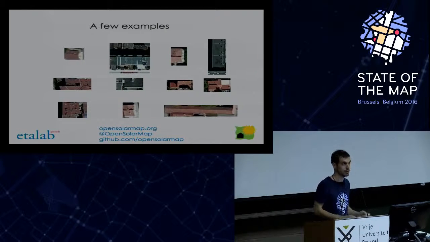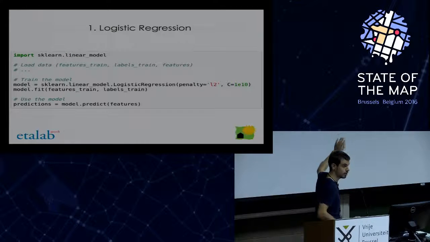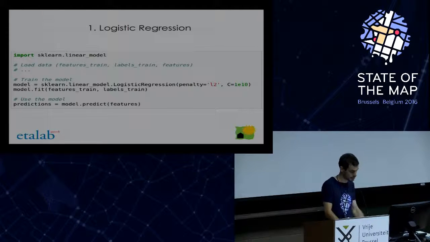In fact, now a lot of algorithms are very well packaged, and you can use them very easily. We use two algorithms, logistic regression and neural networks. And to use logistic regression, you basically just have to import the model and use it on your data. So it's literally 3 lines of code.